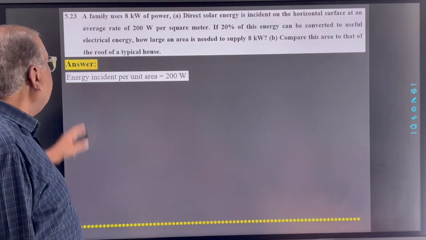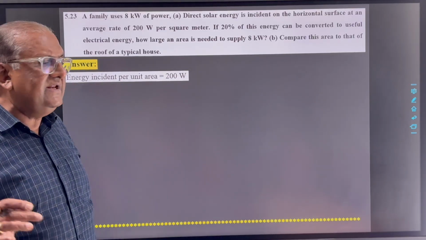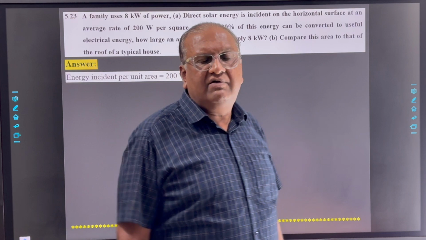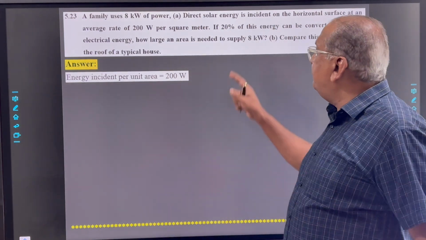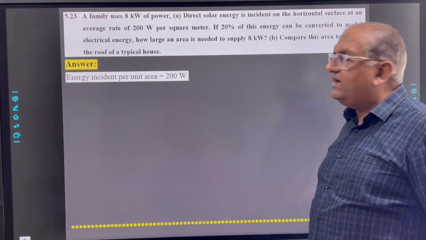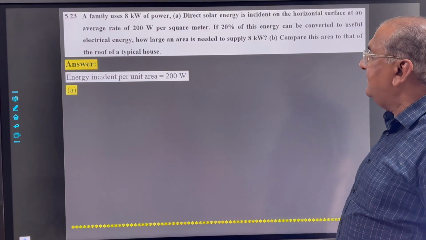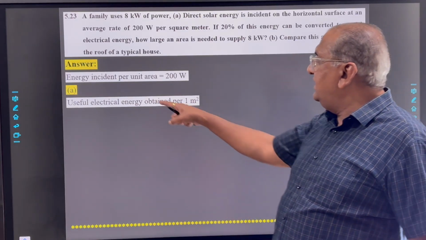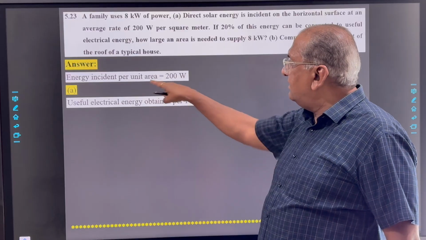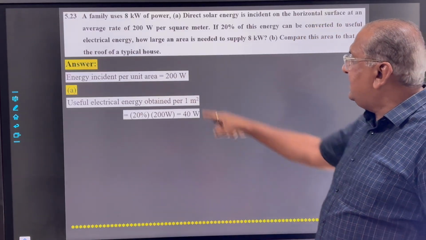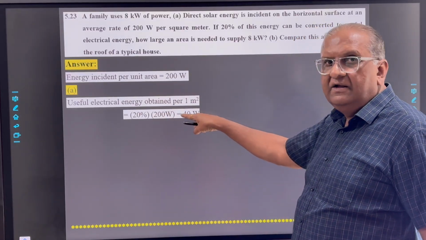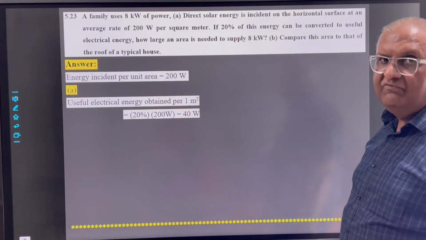So here the energy incident per unit area is given to you as 200 watt. Only 20% of this is converted into useful electrical energy. So useful electrical energy obtained per meter square is 20% of 200, that is 40 watt.